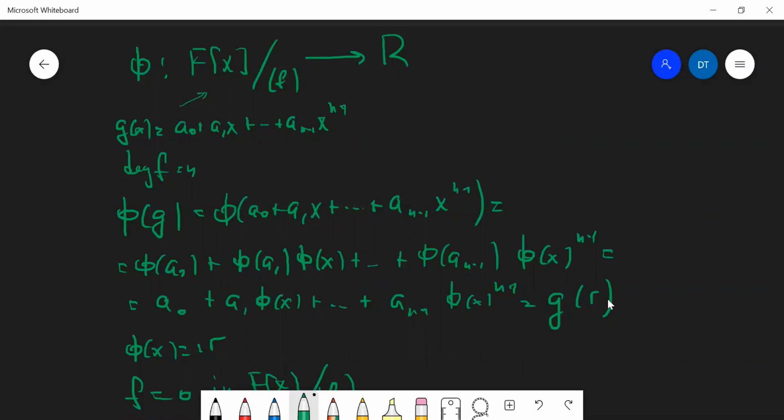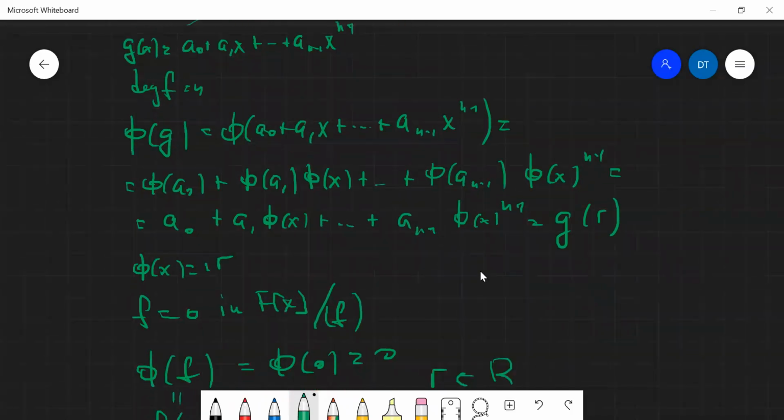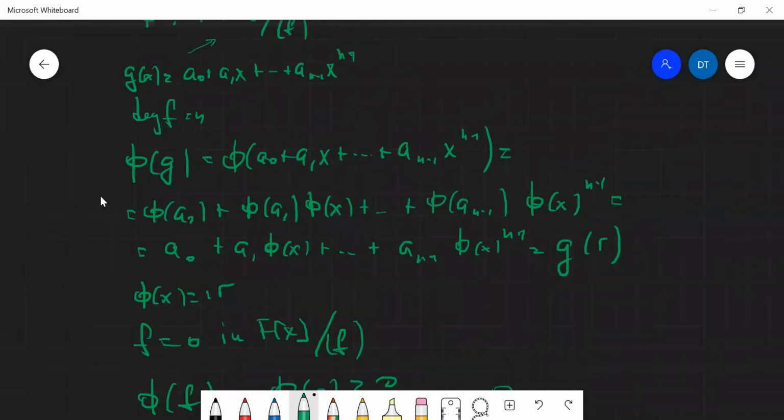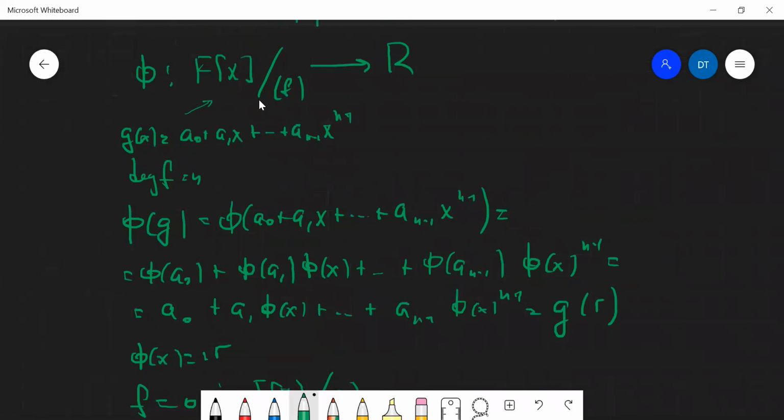But if you wish, I can write the proof down and upload it to the wiki page, if there is someone who is interested in the proof. But this is just some brief explanation of how you should think of this homomorphism. So every homomorphism from this ring to this ring is just a substitution instead of x of a root of the polynomial f, but the root must live in the right-hand side, in the ring R.